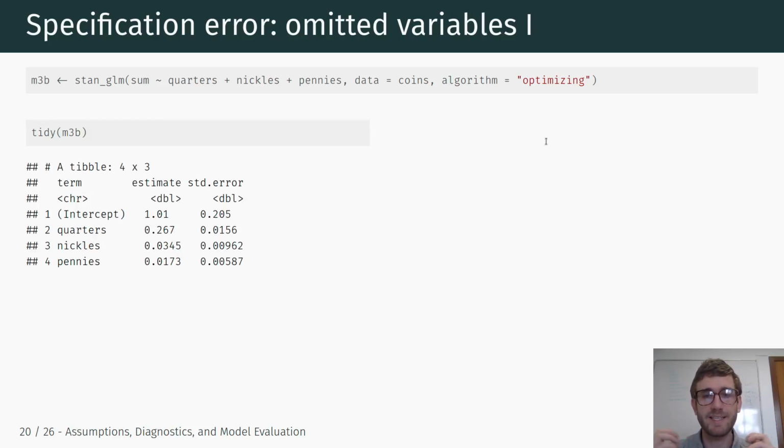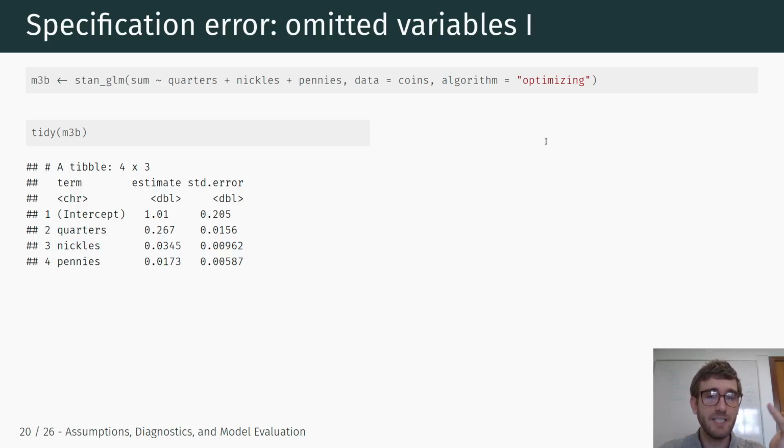So even if we omit this variable, even though it has, of course, an impact on our outcome measure, we still get unbiased estimates for our remaining independent variables, because even though we don't account for the number of dimes, it is essentially randomly distributed across these observations.